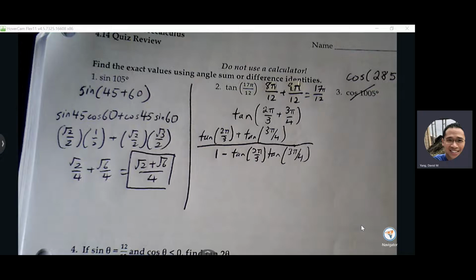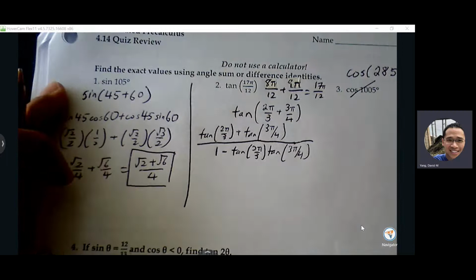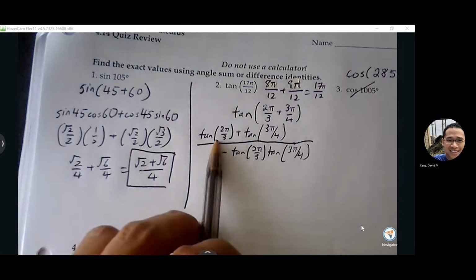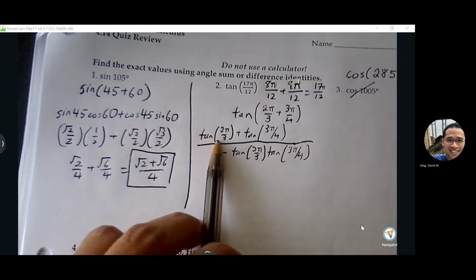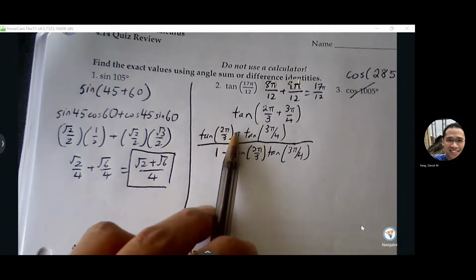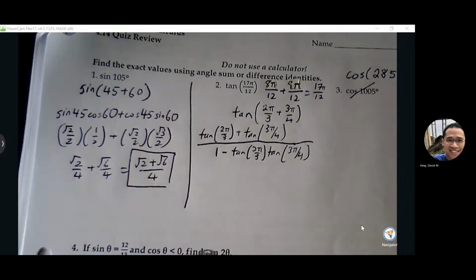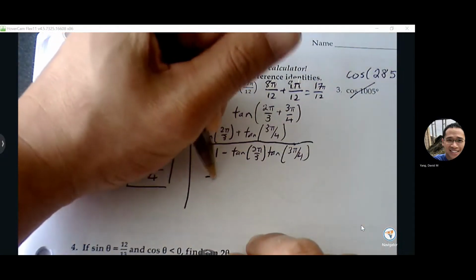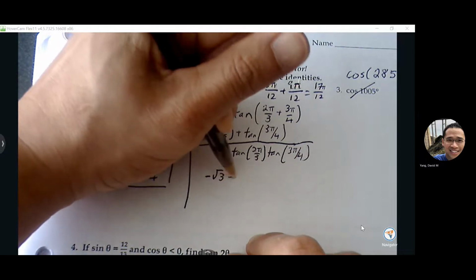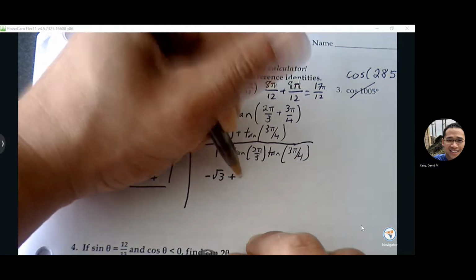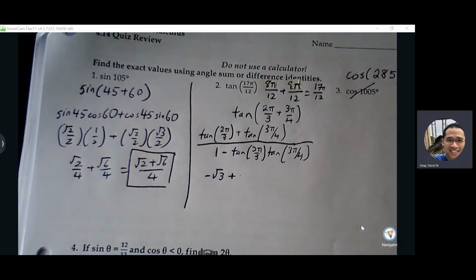Family of pi over 3. They're going to be positive or negative. Second quadrant, right? Negative. Tangent of 3 pi over 4, that's also in the second quadrant. We know tangent is negative.